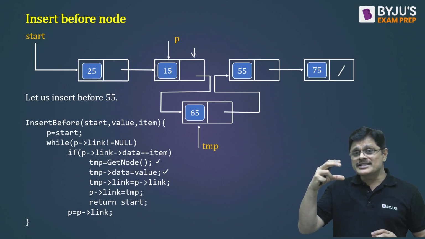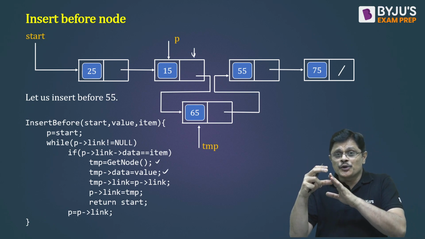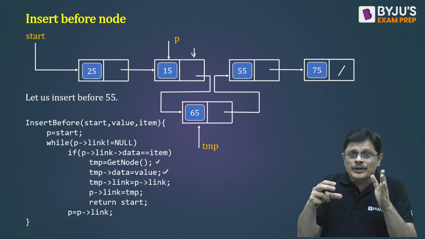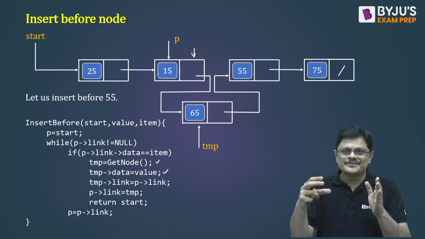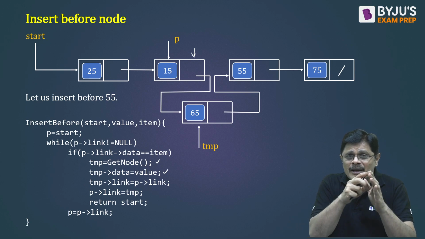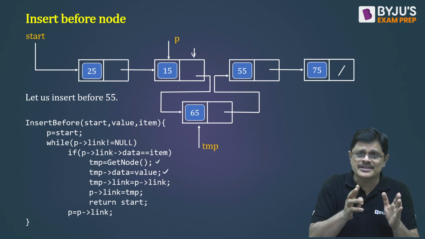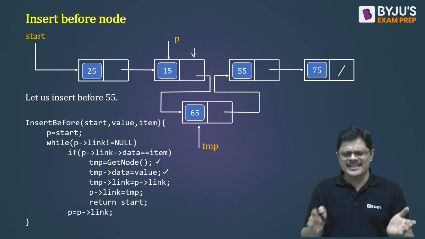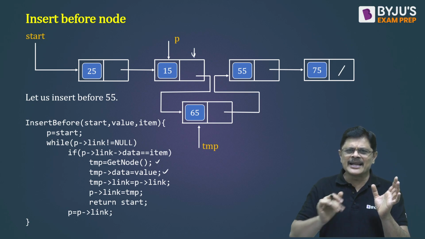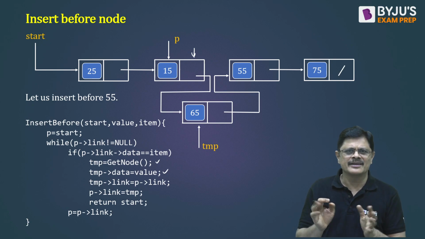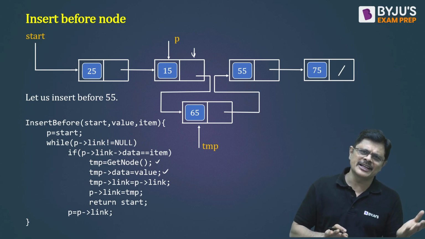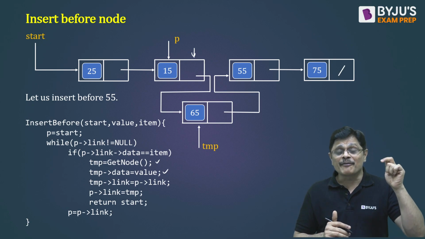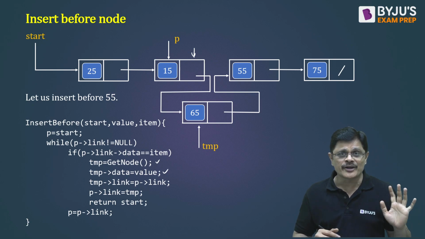If you want to insert a node before a node, we should reach the previous node of this node. That is, we should have the pointer to the node before this. Then the insertion process is always the same: TMP link is P link, P link is TMP. Even in the previous case, the same thing happened, but where that P should point is very important.